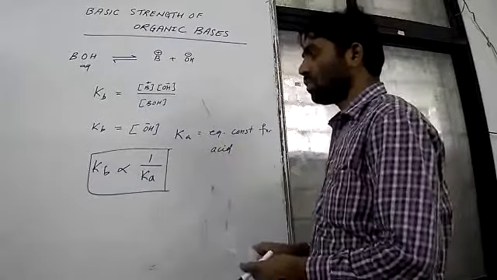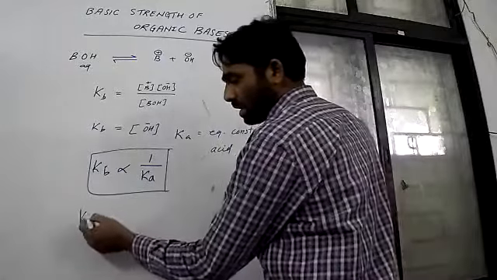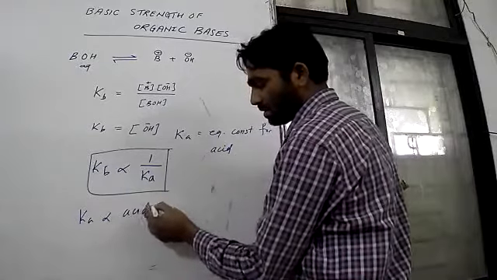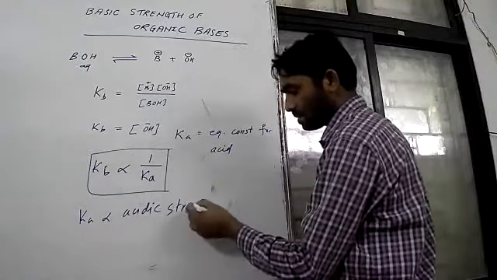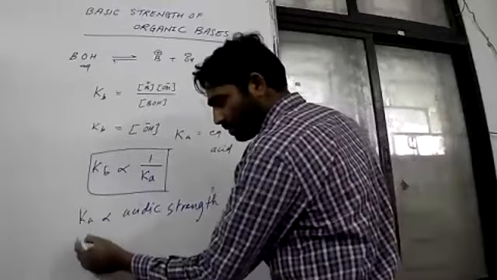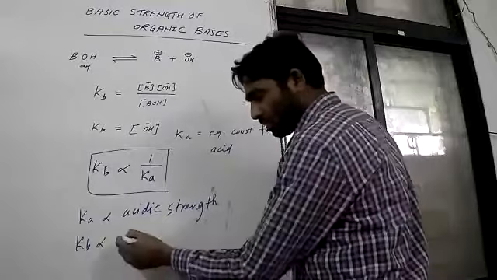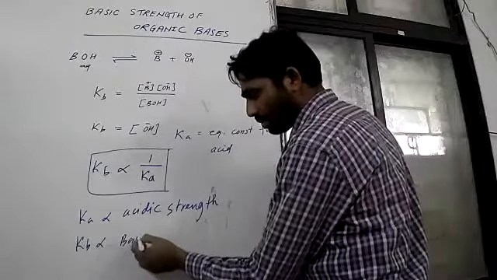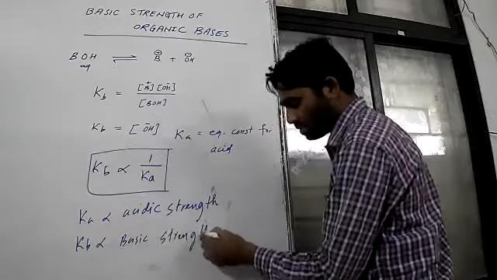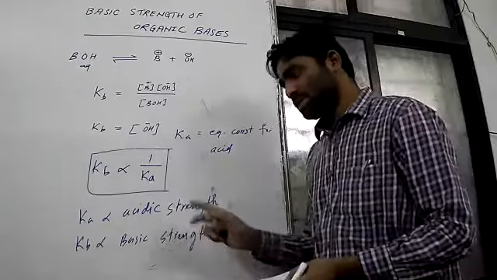And one most important point: in the last lecture we learned that Ka is directly proportional to acidic strength. So Kb will be directly proportional to basic strength, the strength of the base. It's a very simple approach.